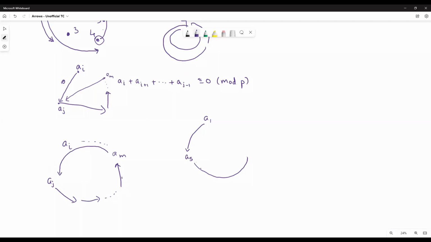So what you have is AJ arrows to AM and then another one to AJ. And this can also happen: you can also go around the circle many times. Suppose we start at AJ, and this ends here, and we go again.